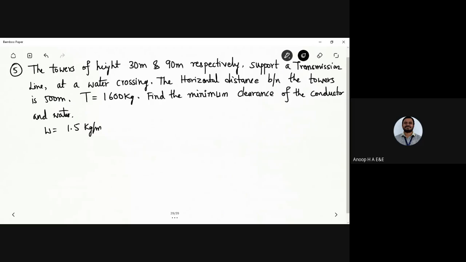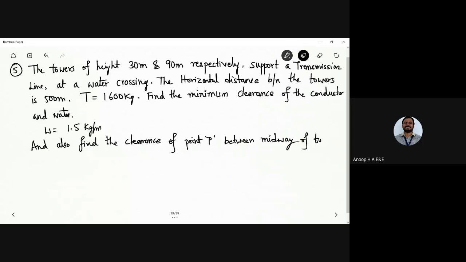Also find the clearance of point P midway between the towers.